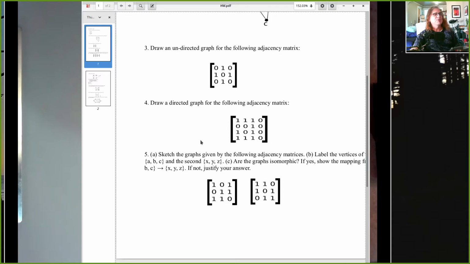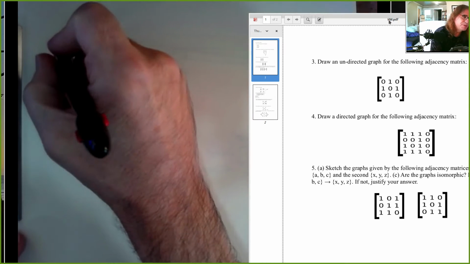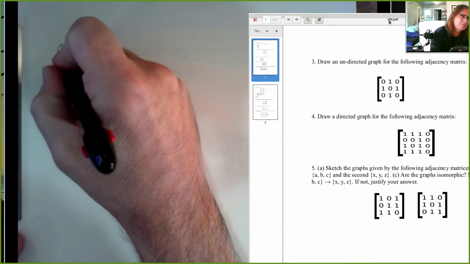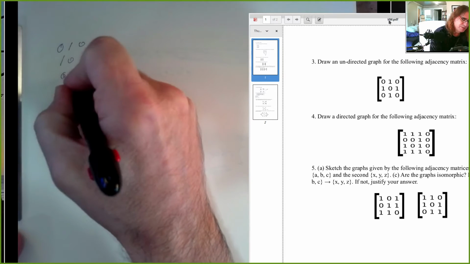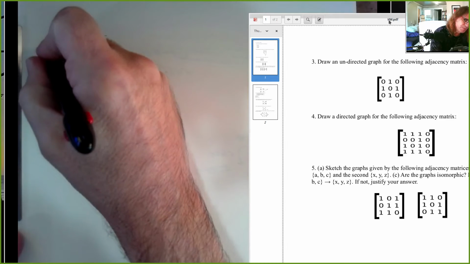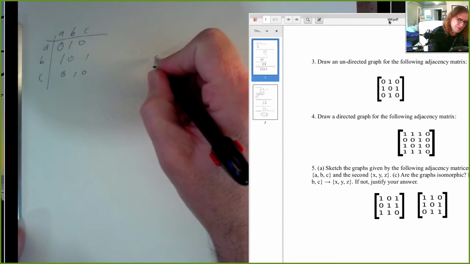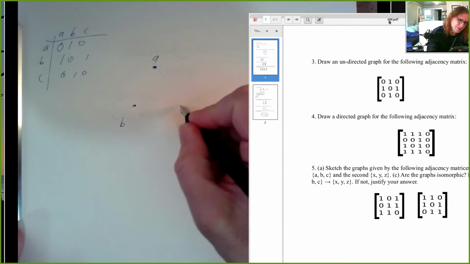Question 3 was just drawing an undirected graph for the given adjacency matrix, and however you decide to label these, you end up with a graph that looks similar. So 0, 1, 0, 1, 0, 1, 0, 1, 0, and we're told it's undirected. If we label these A, B, C, I can put these vertices anywhere I want.